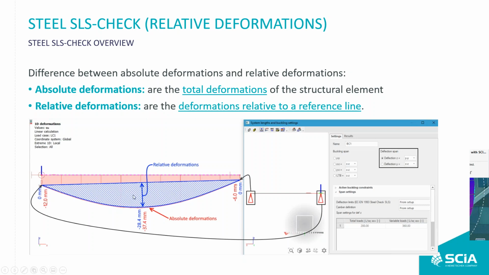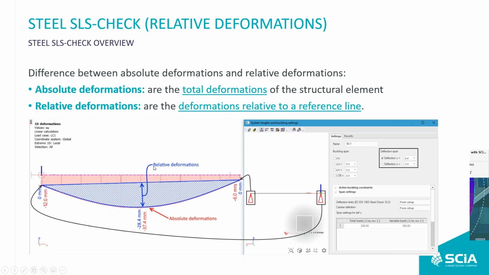So your relative deformation is nothing more than your absolute deformation transformed or referenced to this reference line for your relative deformation. Nothing more than that. That's what you see right here. So your total one is 37.4, but relative to this line, it's only 28.4.